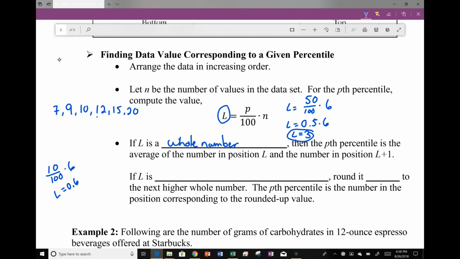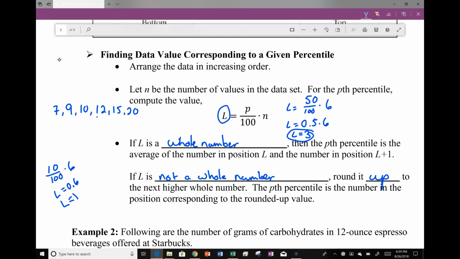And this is again the position. Whenever I get a number that is not a whole number, you always want to round up to the next higher whole number. So in this case, our L was 0.6, so I'm actually going to look at the first position, which is 7.